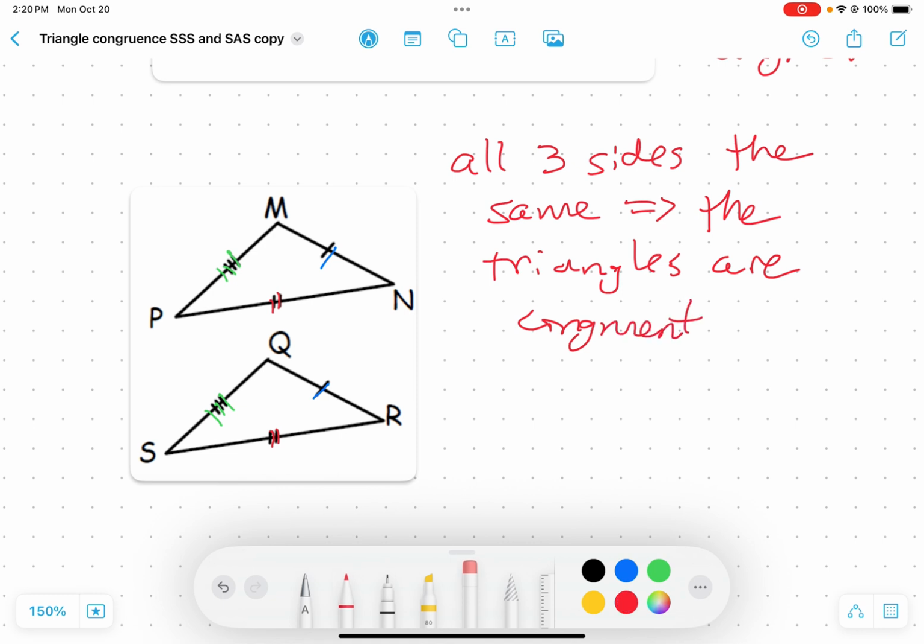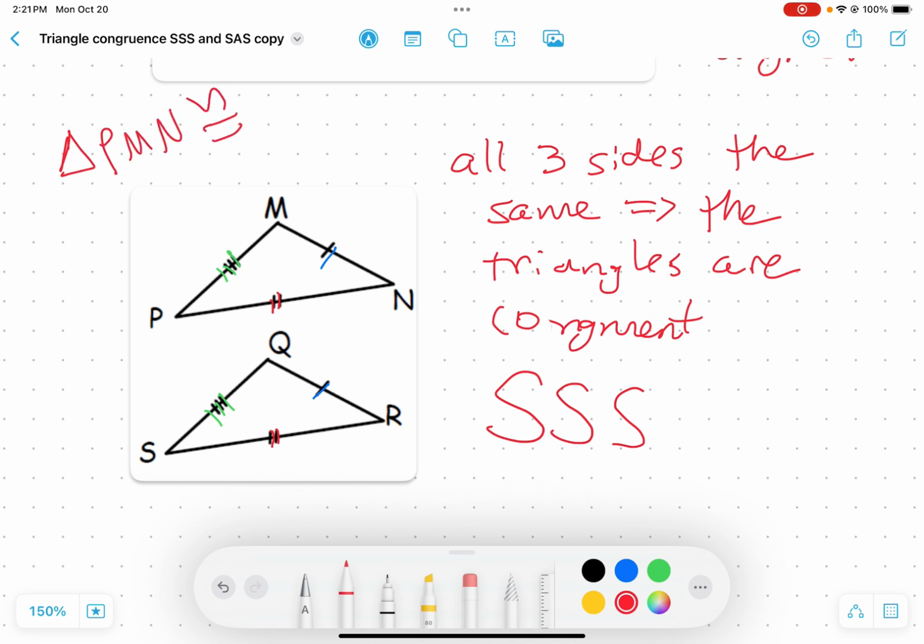And so that is the property that we talked about today in class called side, side, side. So if I know all three sides match up, these triangles have to be congruent. So I would say triangle PMN is congruent to triangle SQR. These are the same triangle. So that's one of the congruence properties that we're going to learn.